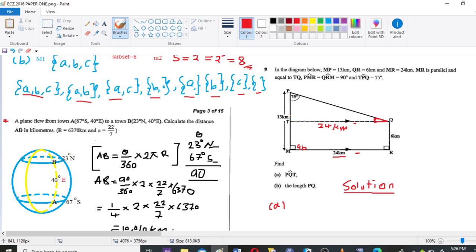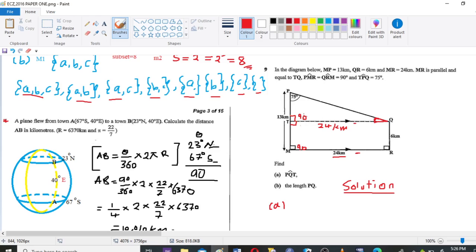So the transversal line is cutting these two parallel lines at 90. So we have what we call allied angles. And subtracting that allied angle on one side, we are going to get a 90 there, and inside here we have 90.